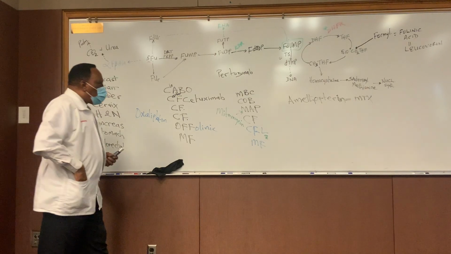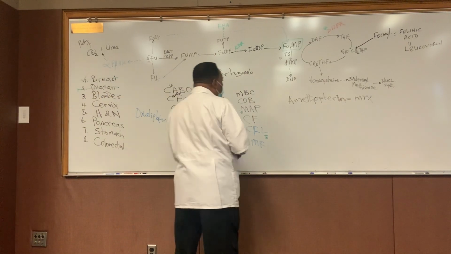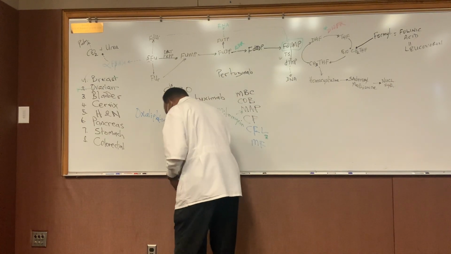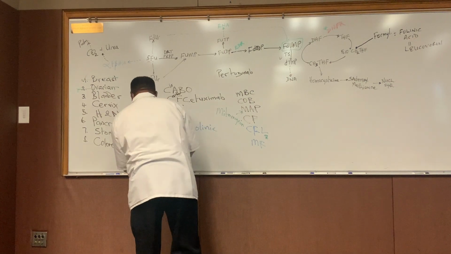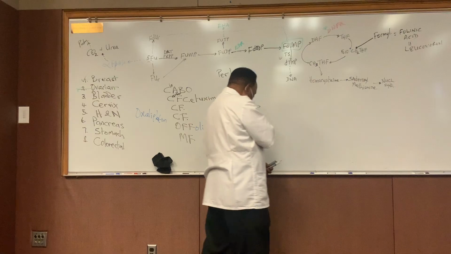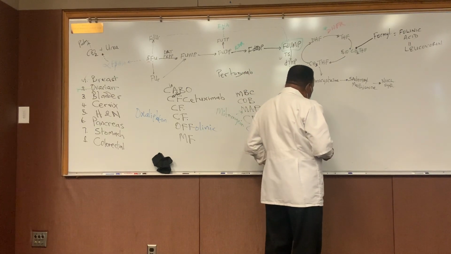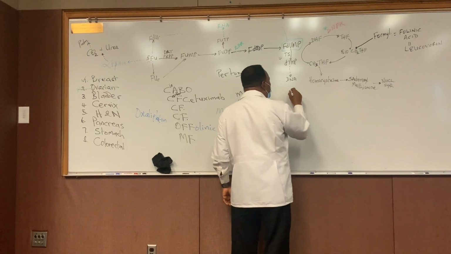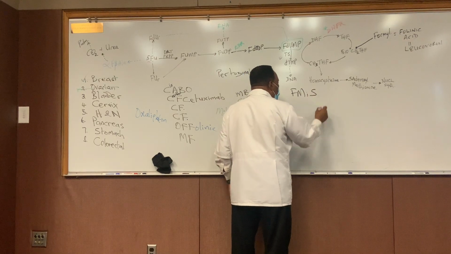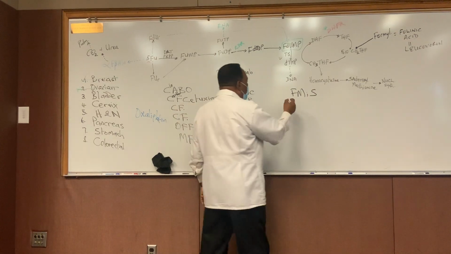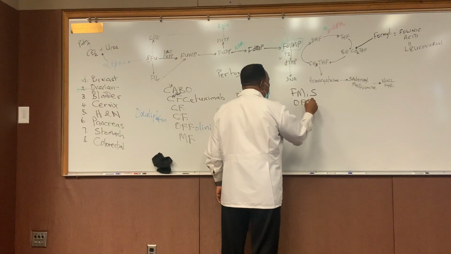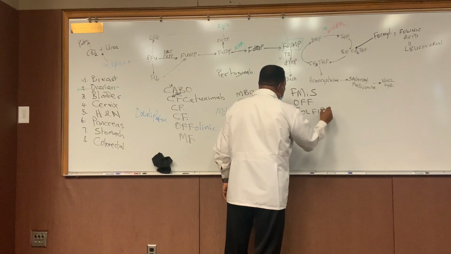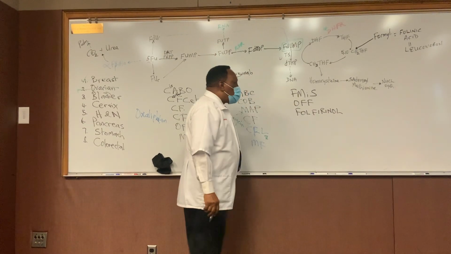For pancreas, some combinations that one use in pancreatic cancer will include FMIS, and you can say off, and FOLFIRINOX is another one that is commonly used.